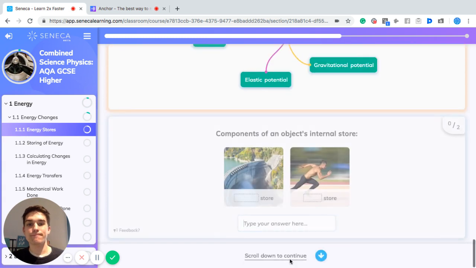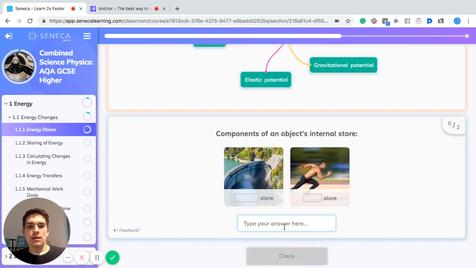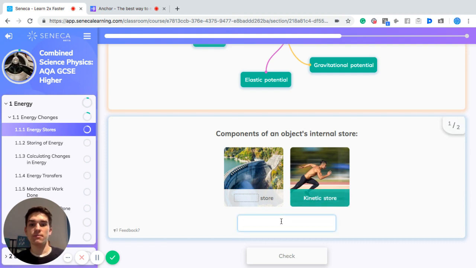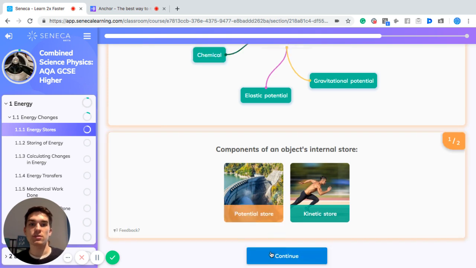Kinetic. And can you remember what an object's internal store is? It's the sum of two things. Can you remember? Well, it's the sum of the kinetic store and the potential store.